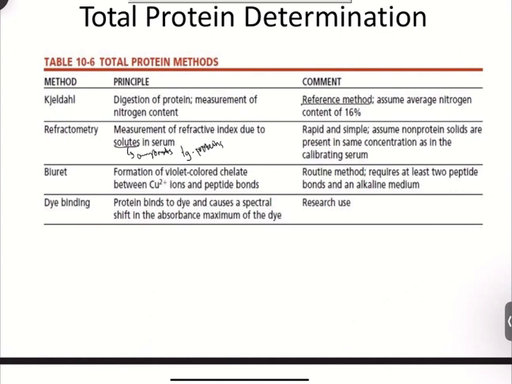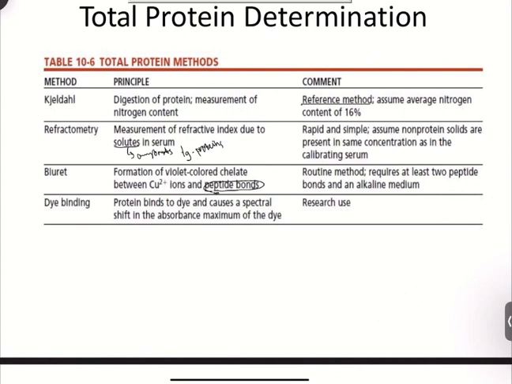Next is your biuret method. Formation of violet colored chelates between copper ions and peptide bonds. Okay. So why do we use this for total protein determination? Because of the peptide bonds.